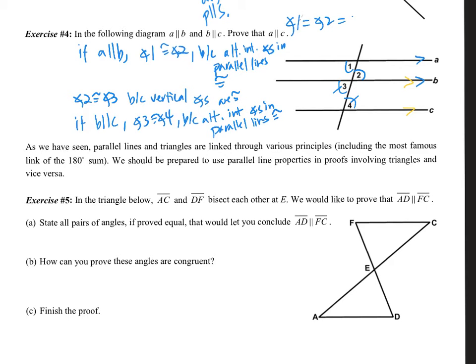Therefore, because I had that angle 1 was equal to angle 2, angle 2 was equal to angle 3, and angle 3 was equal to angle 4, by this long line of transitivity, I see that angle 1 and angle 4 fall in the same equivalent statement.